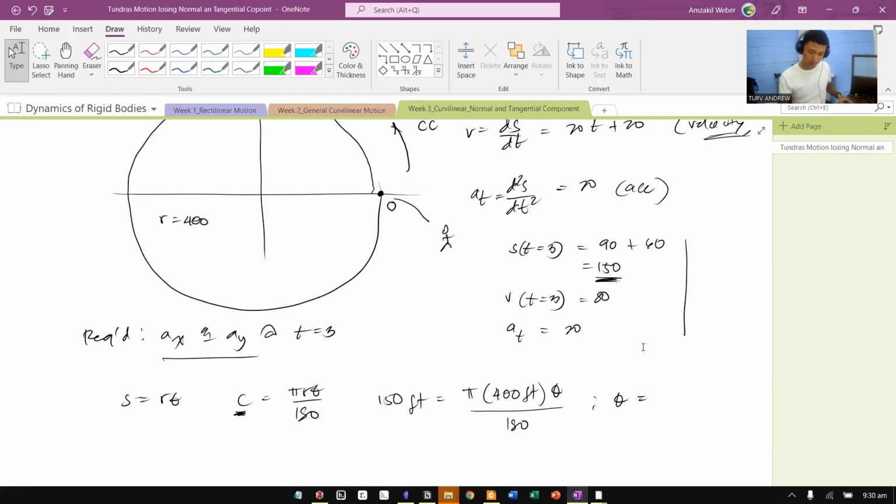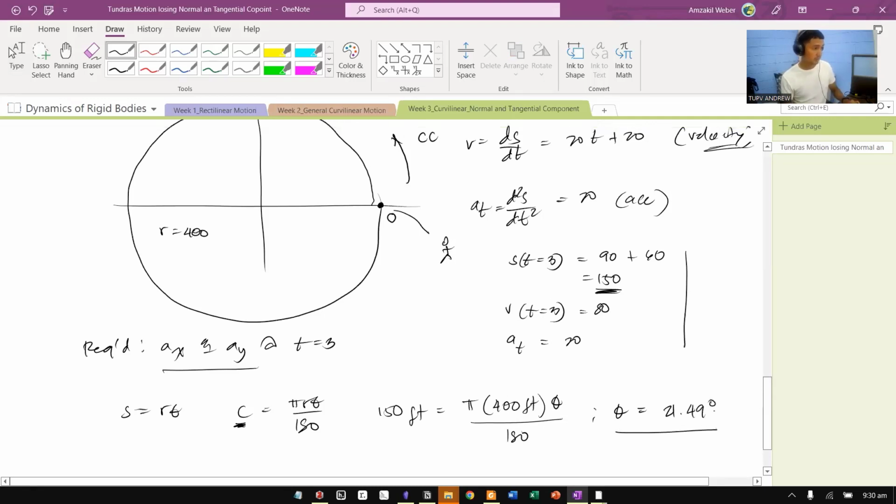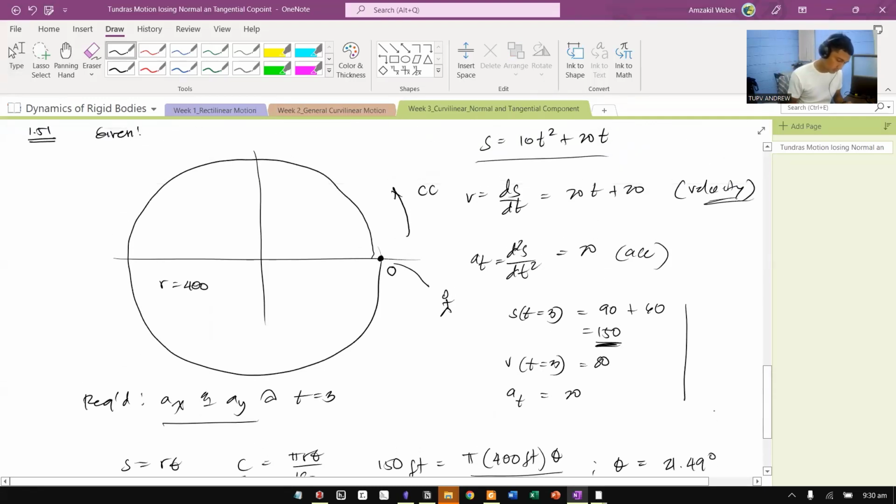That should be 21.49. So back to the graph, that is 21.49 degrees. Let's draw the particle, the arc, and the radius.